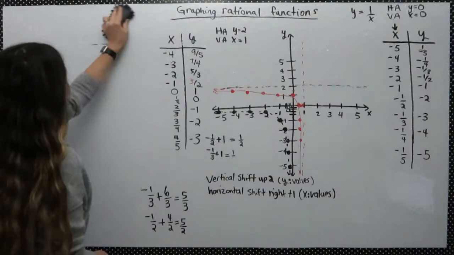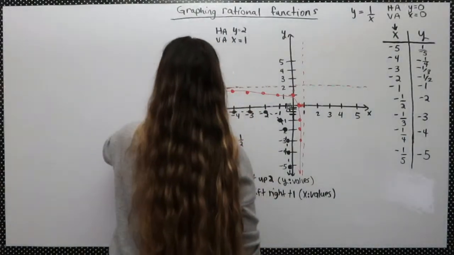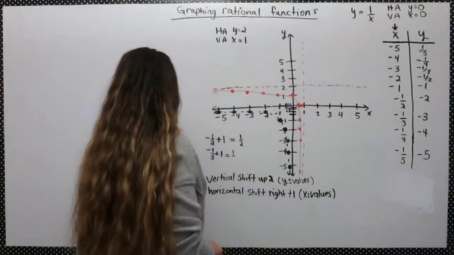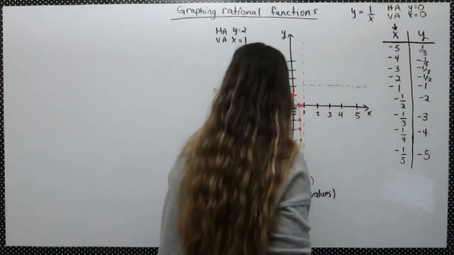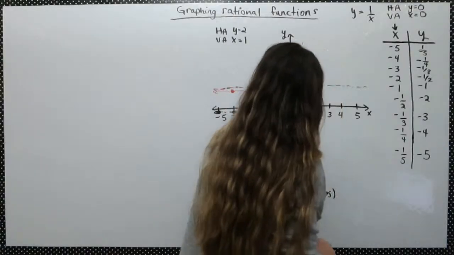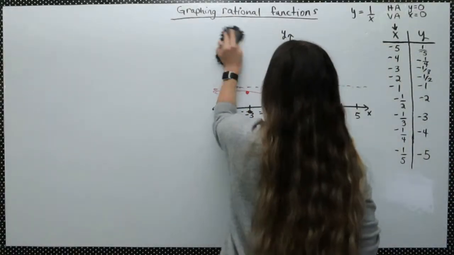Evaluating the function is a slightly different method, but it's more straightforward. You're just taking the function and plugging in values that you pick from your domain, evaluating it and finding values in your range, essentially.